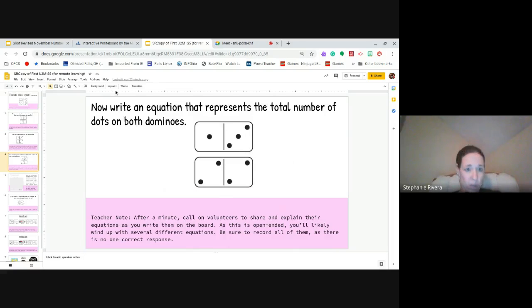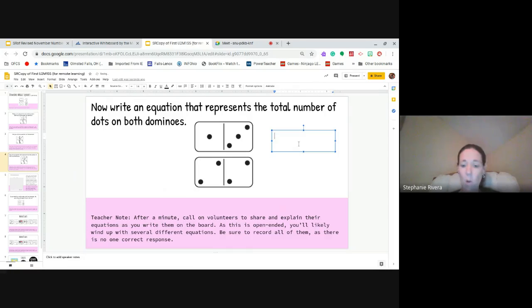What would the equation be for the first domino? Oh, and I heard a friend yell it out. You are right. 1 plus 3 equals 4. That would be the equation for our first domino. I'm going to make it a little bigger there so you can see it. How about our second domino?